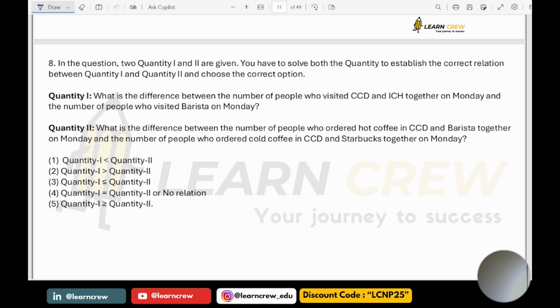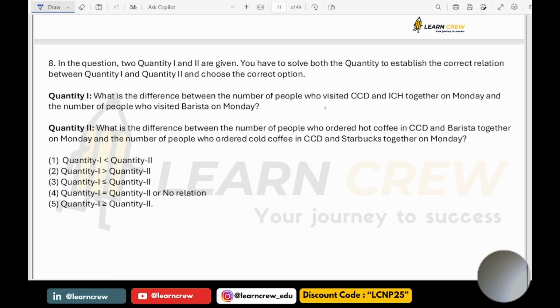What is the difference between the number of people who visited CCD and ICH together on Monday and number of people who visited barista on Monday? What is the difference between number of people who ordered hot coffee in CCD and barista together on Monday and number of people who ordered cold coffee in CCD and Starbucks together on Monday? So if you see the question here, the first one, what is the difference here?